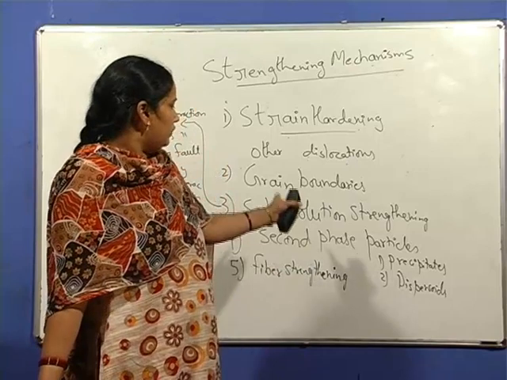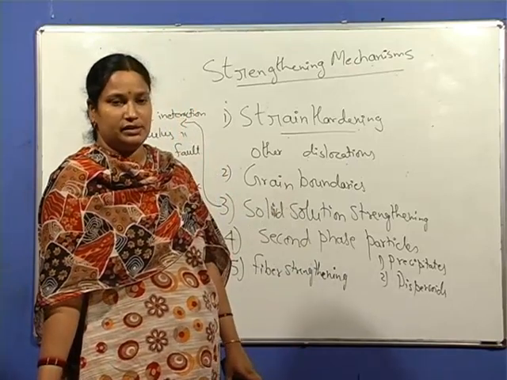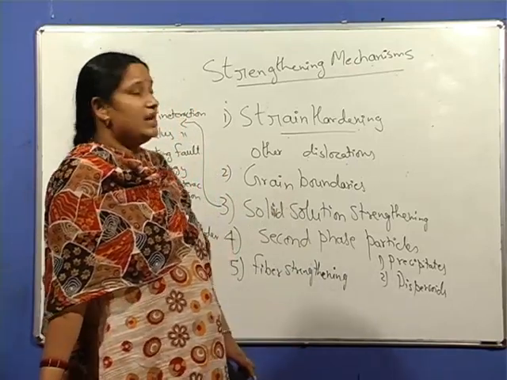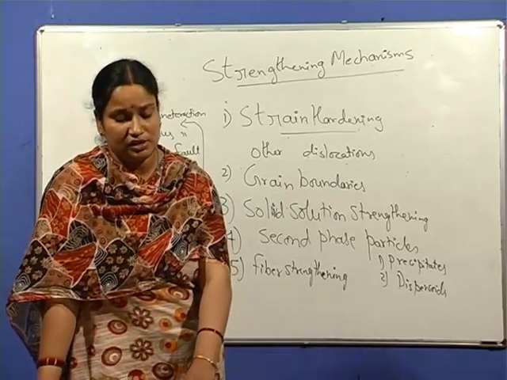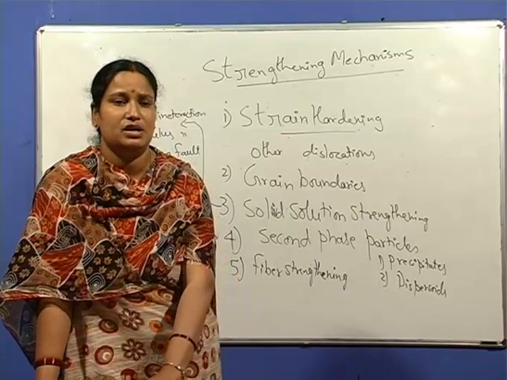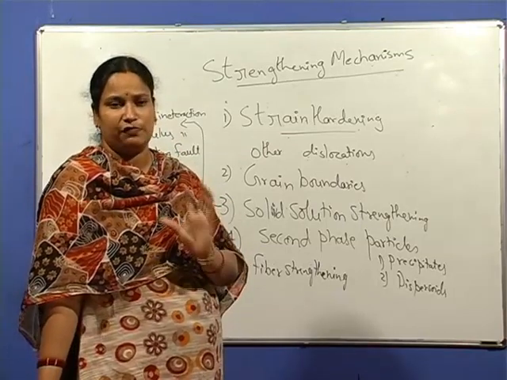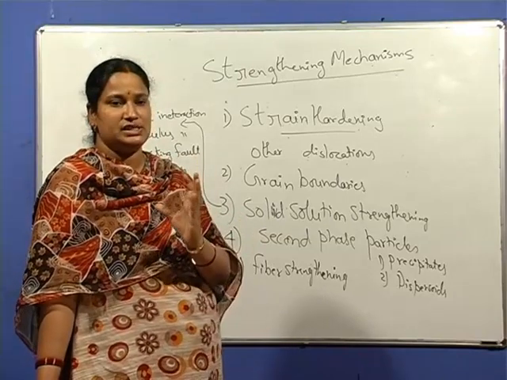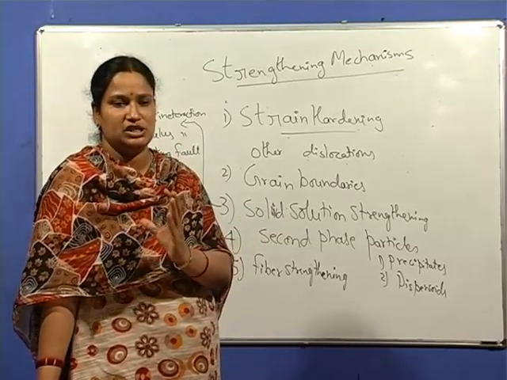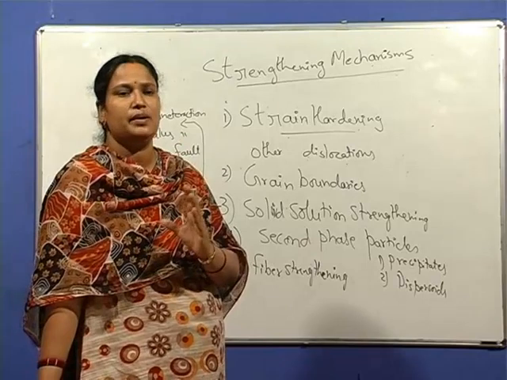Now coming to the various types of solid solution strengthening, the first one is the elastic interaction. The strength from this mechanism is mainly due to the elastic stress fields that surround the solute atoms. These stress fields interact with the dislocations and cause hindrance to their motion.